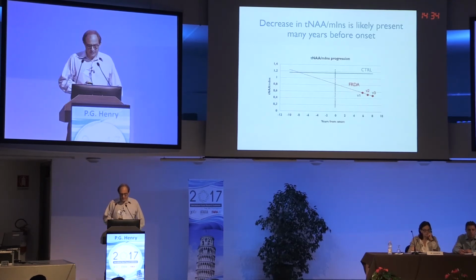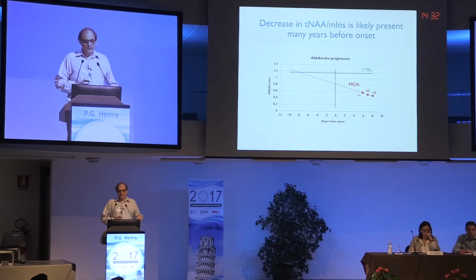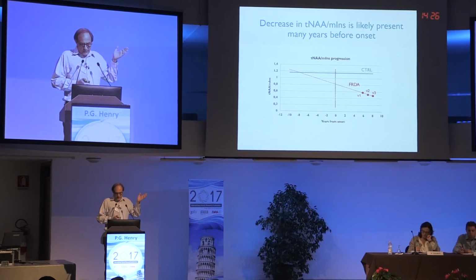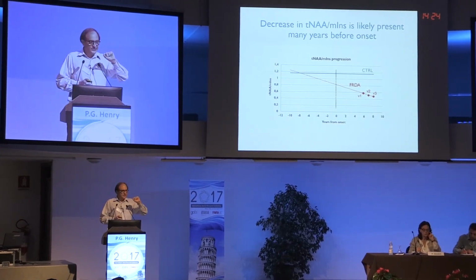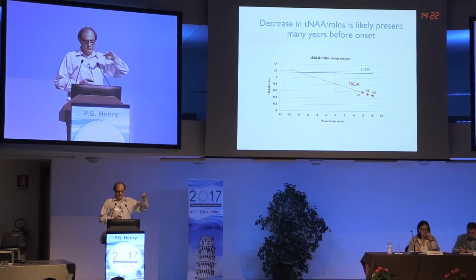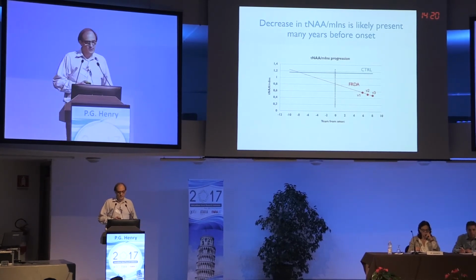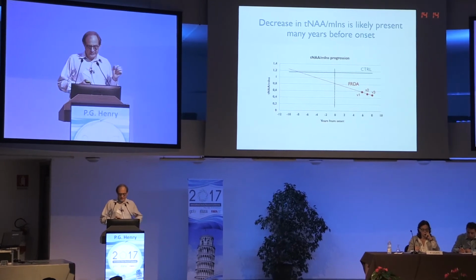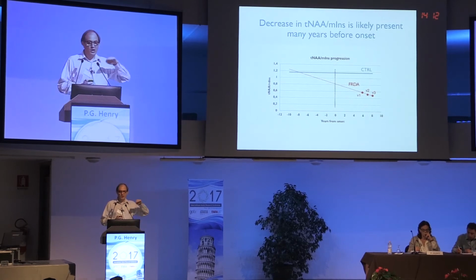And in addition, they can give information at different stages of the disease. So here I extended the rate of progression toward the past, making the assumption that it would be linear, which may not be true, but it gives an indication of how fast and how early the differences could show up.